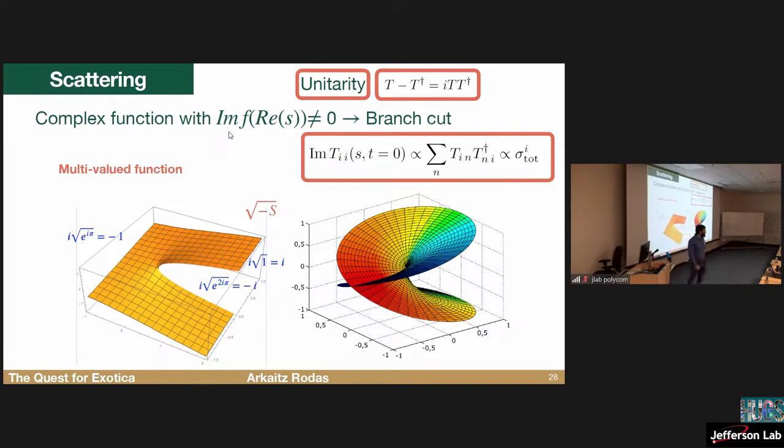You play with this actually for years. The square root function in the complex plane has this. I don't know if you were introduced to them, but you should have. They are called multivalued functions in complex analysis. You were introduced to the square root, you were introduced to the logarithm. All of them have these branch cuts. Whenever a well-defined function in the complex plane has an imaginary part, and this is why I'm plotting here the square root of minus s, or minus x if you want, then it will have a jump.